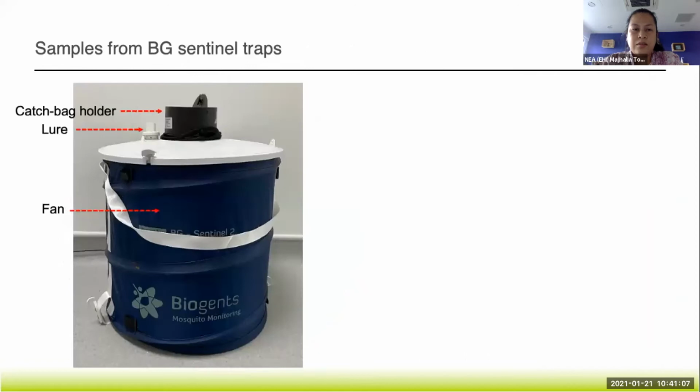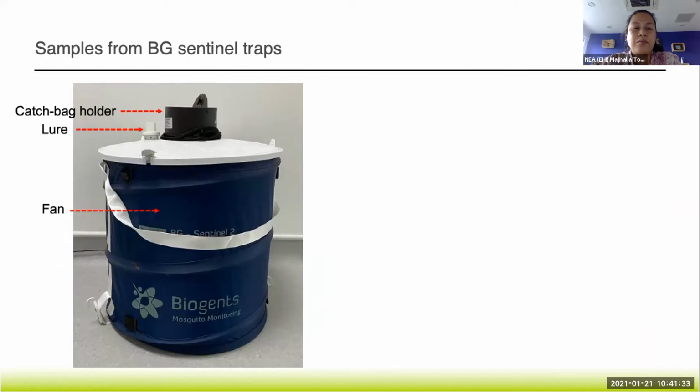Okay. So for the BG Sentinel trap, you have different parts to it. There is the lure. You can also add CO2 if you want to enhance the capability of your trap in collecting mosquitoes. The black circular structure on top is the one that holds the catch bag.